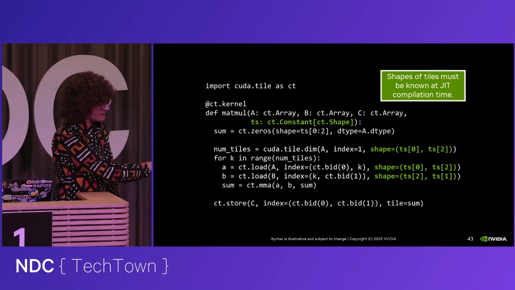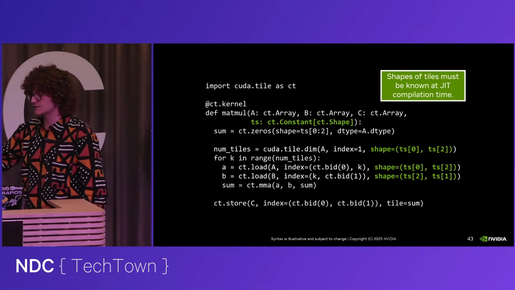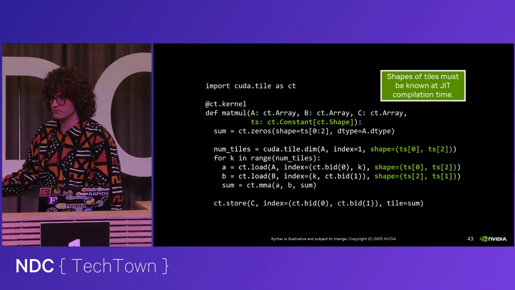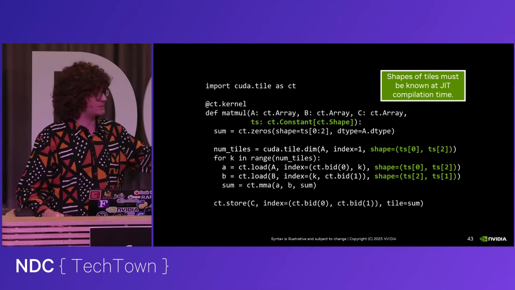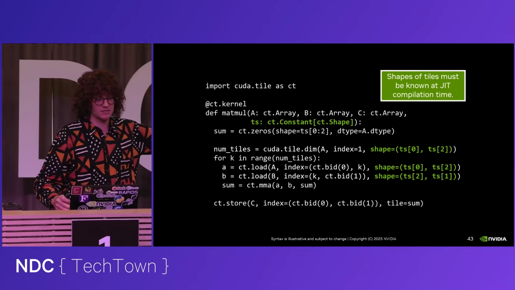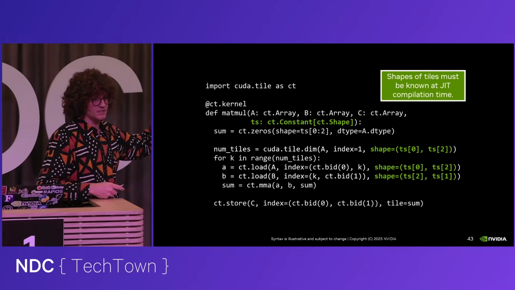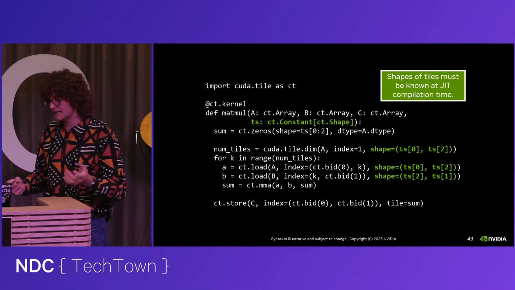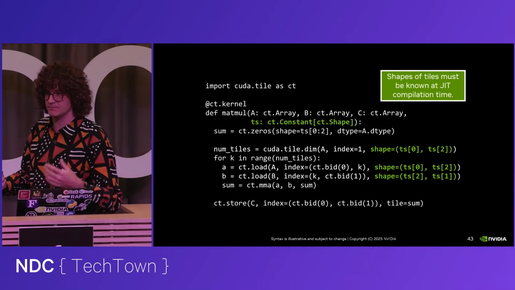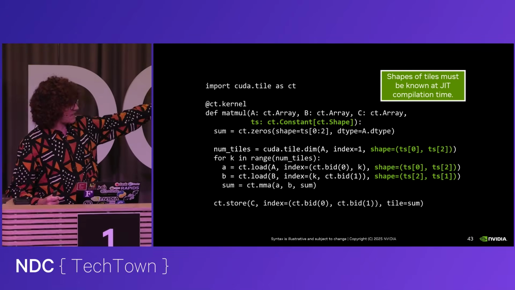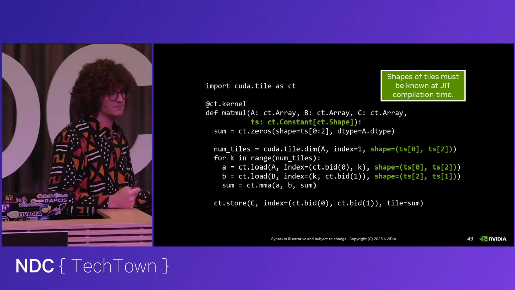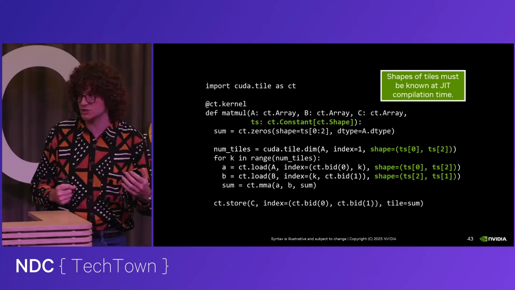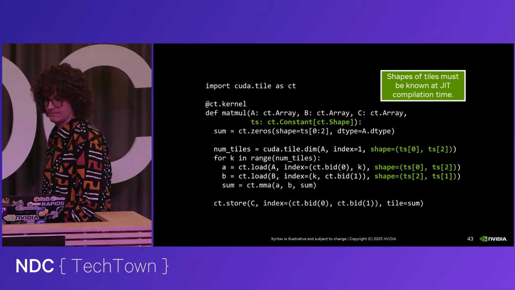This ct.Constant type annotation instructs the JIT compiler that this parameter is one that should be embedded into the kernel. So if that parameter, tile size, changes, then we would have to compile a new kernel. You can kind of think of it like constexpr in C++ or like adding a template parameter in C++. You change a template parameter in C++, you get a different instantiation of the function.